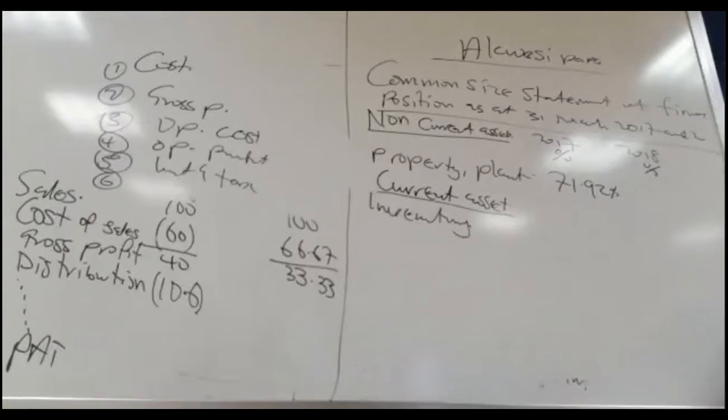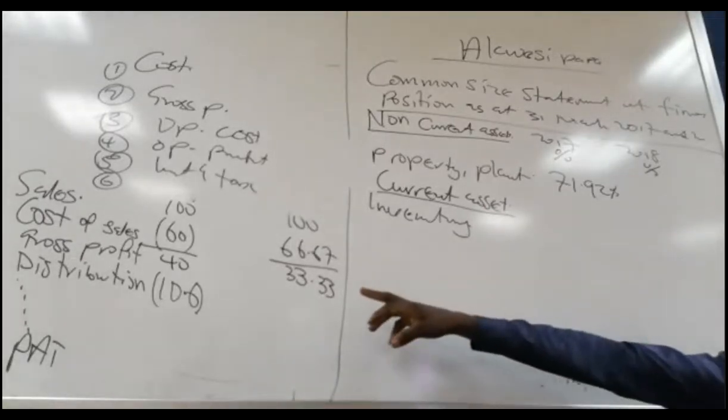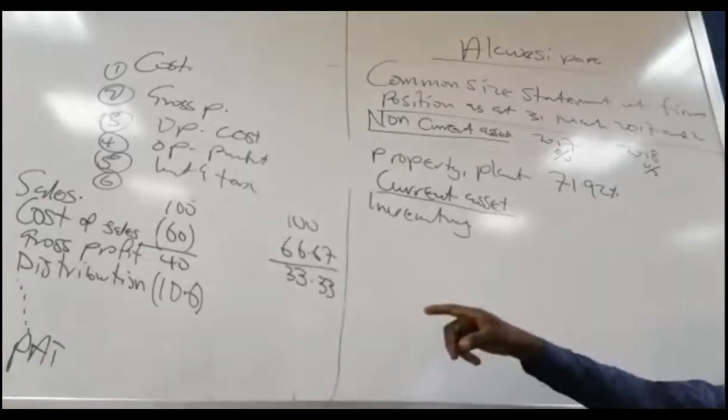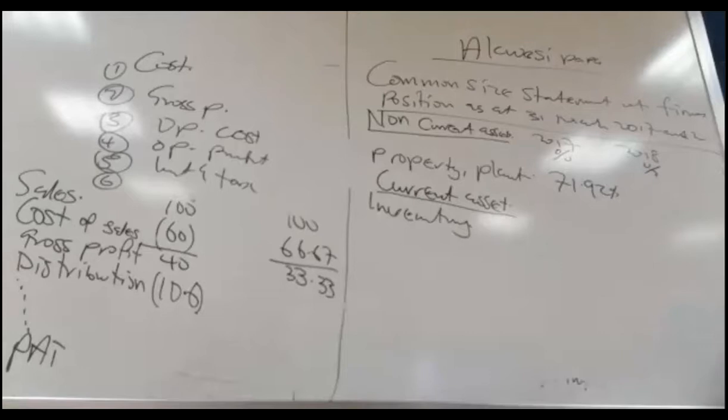What if it's 2 years? For 2 years, you compare the changes. For instance, in this question, the cost of sales to sales ratio for 2017 is 60%. It has increased over the period to 66.67%.